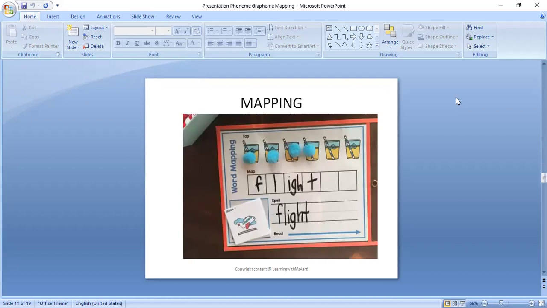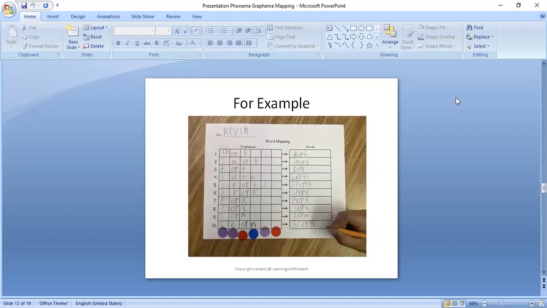Okay, now we have to spell this word. So what we do, we look at the map, we join the complete one, and then we spell that word. A very interesting activity which we have done in the class also, where we can see such graphemes, and from graphemes children are making words. I assure you this is very interesting, very effective, must try in your classroom.